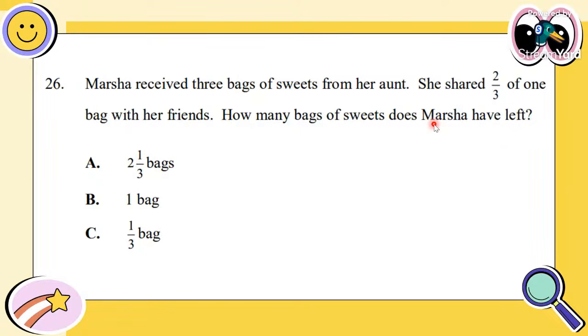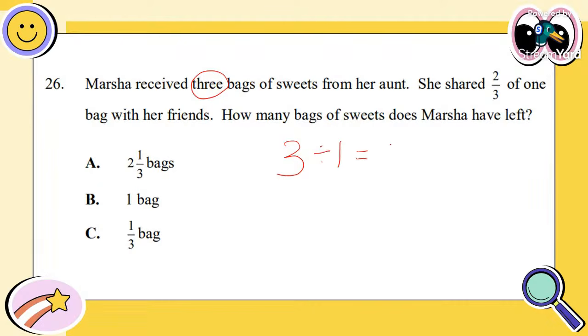Okay, so here it says, Marsha received 3 bags of sweets. I want to circle that, 3 bags. So here we are starting with 3 bags. From the 3 bags, she shared 2/3 of 1 bag with her friends. So we're going to take 1 bag from 3 bags.